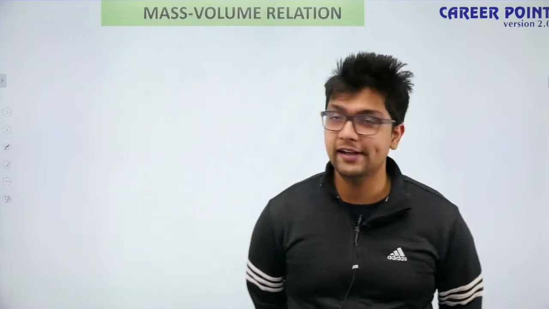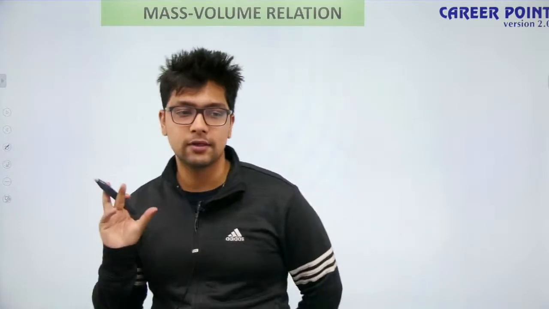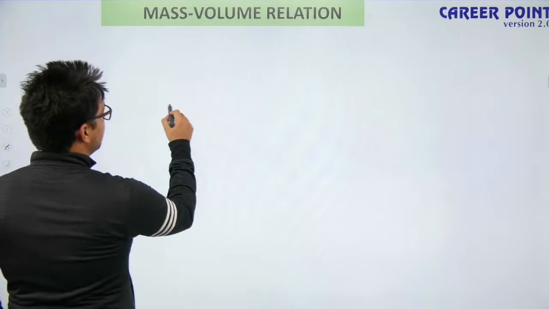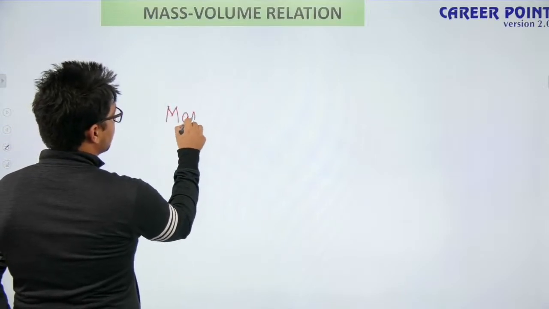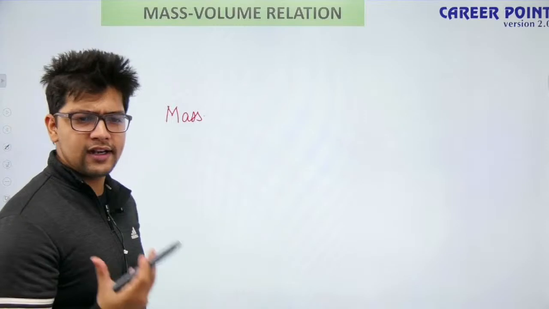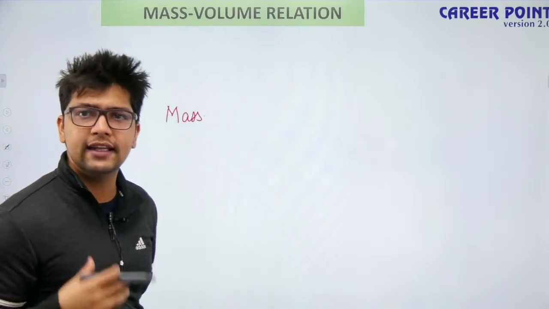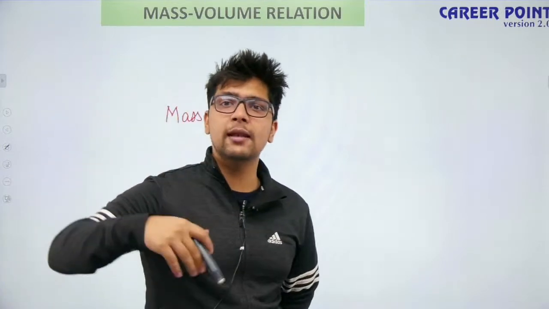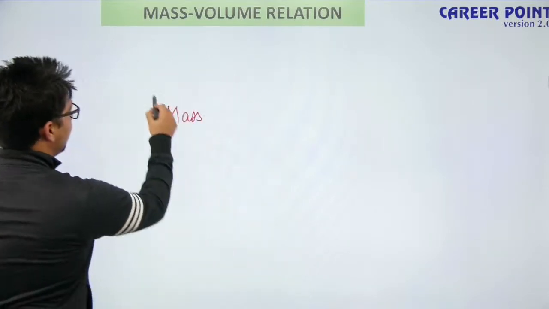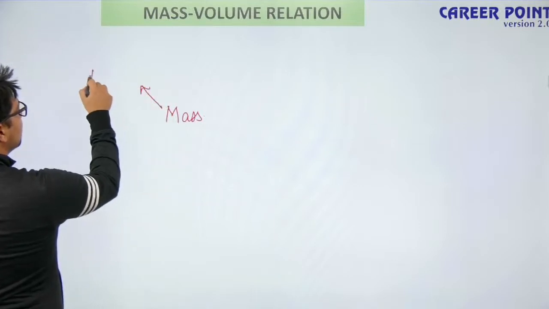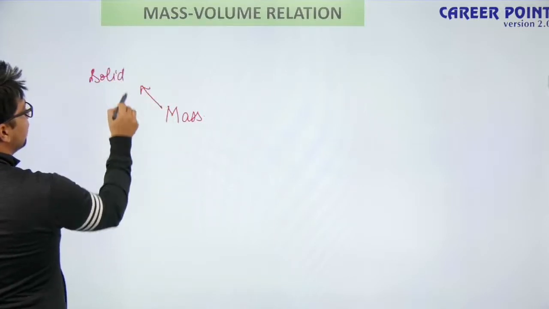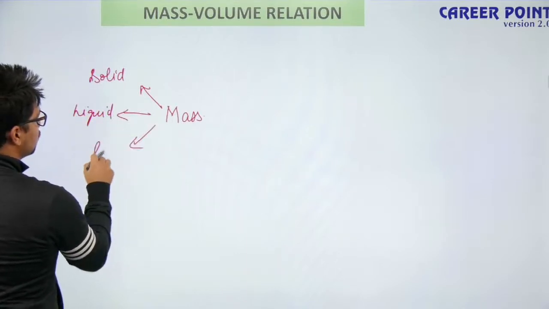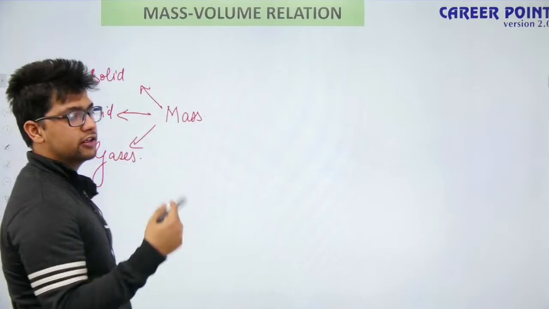Okay, so let's proceed. Whenever we talk about mass volume relationship, this is basically regarding the mass. The mass can be of a component, let's say it can be of solid, of liquid, or of gases. So mass is a property which can be of all the phases. If I have a solid, a liquid component, or a gaseous component, mass can be defined for all three phases of matter.